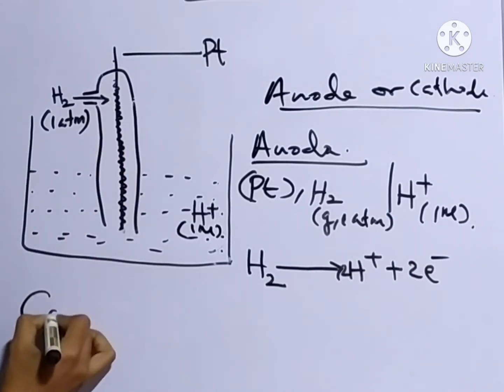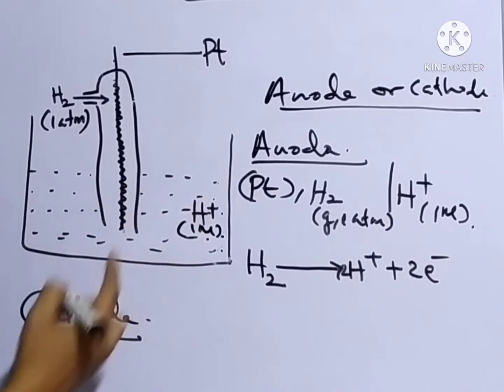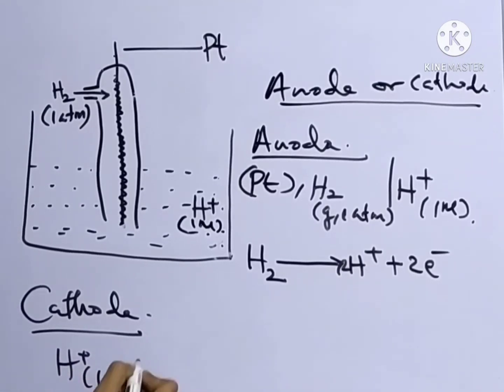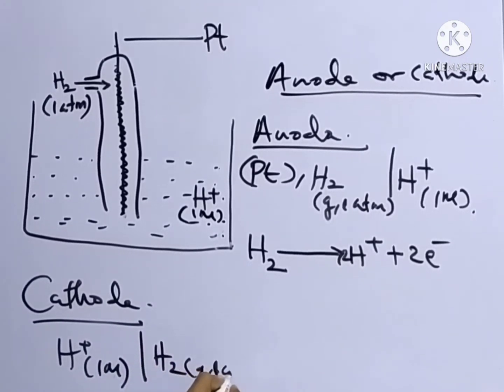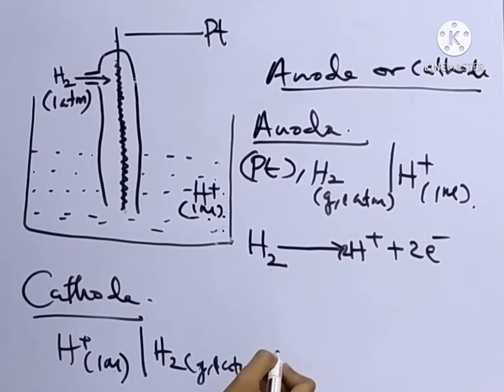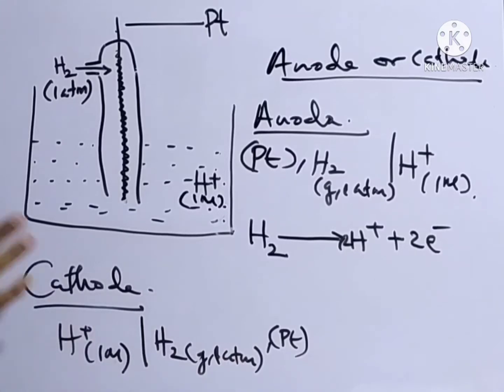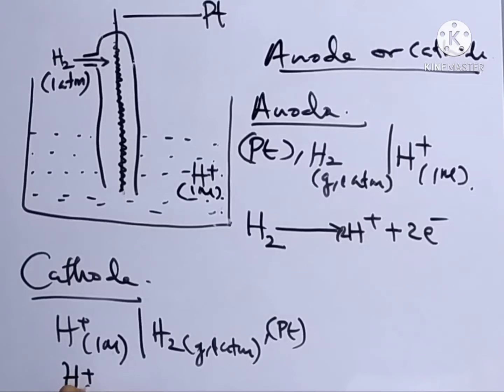On the other hand, if it acts as a cathode, then the cell can be represented as H plus 1 molar, H2 gas 1 atm, platinum. And the reaction is a reduction reaction, that means 2H plus plus 2 electrons gives H2.